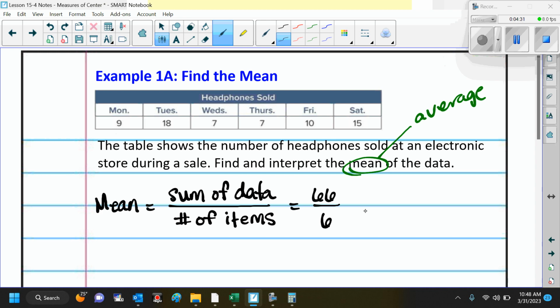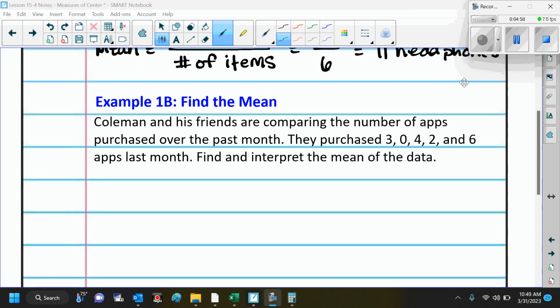That's 6: 1, 2, 3, 4, 5, 6. And then we just do that division, so we know that's going to be 11. So the average number of headphones sold at an electronics store during a sale is 11 headphones. Make sure you label.